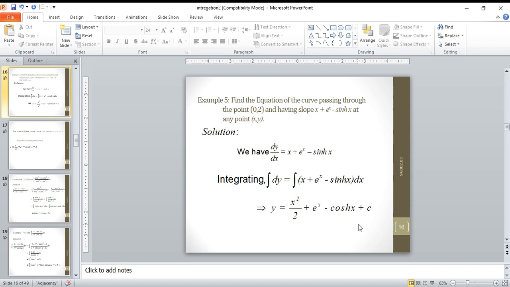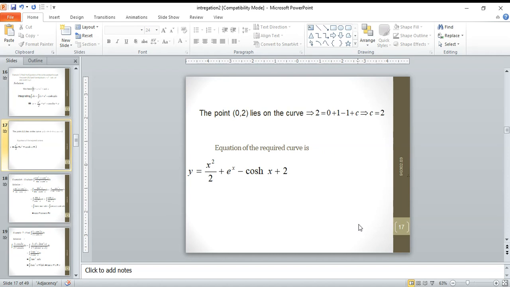Use the 0 comma 2 values to find the constant. So this is an easy problem. Always theory problems are easy. Use just techniques.